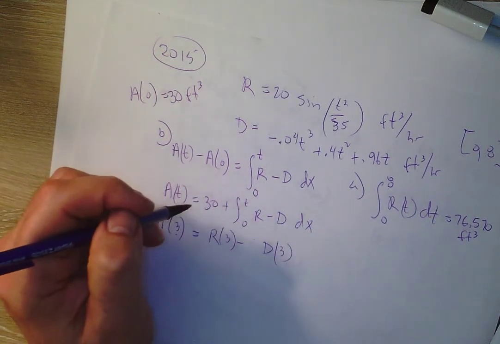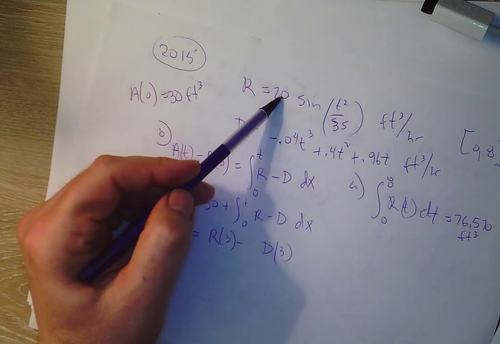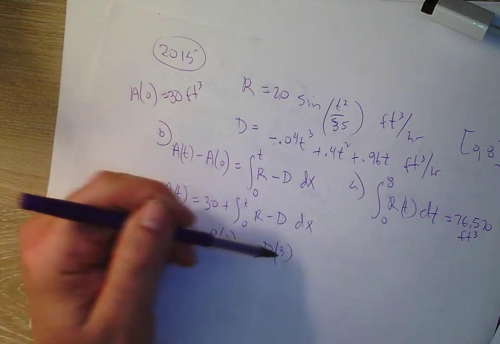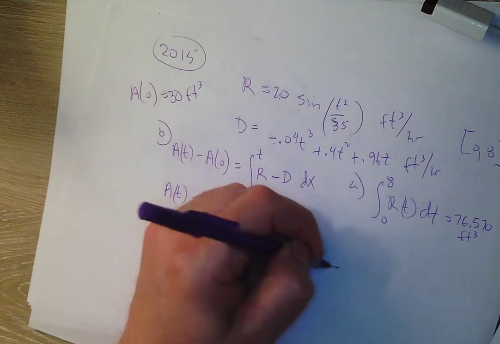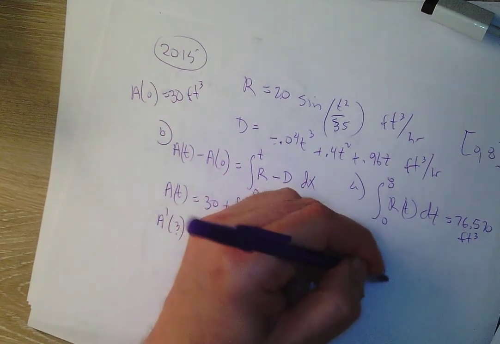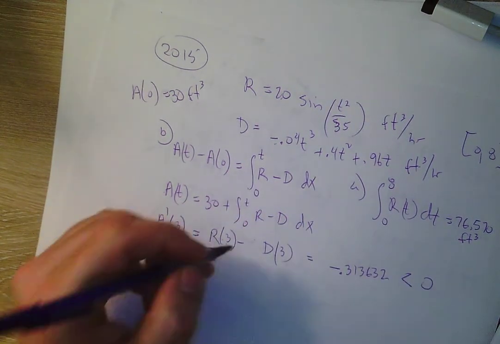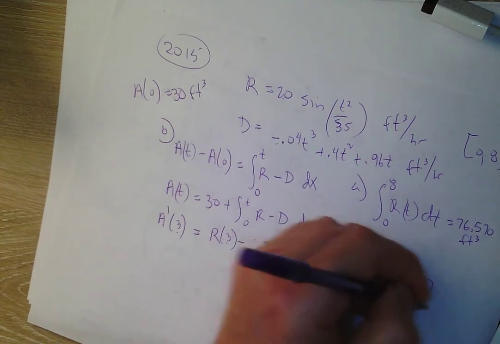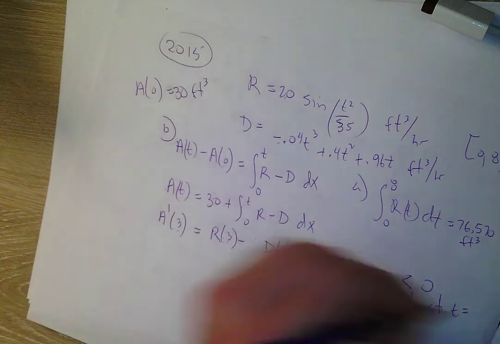And when I did R of 3 minus D of 3 on my calculator, I typed this into Y1 and this into Y2, and then I went over to my table and I put in a 3, and I ended up here with negative 0.313632. And since that number is less than 0, I knew that the amount is decreasing at t equals 3.